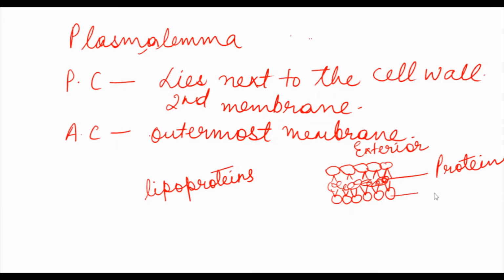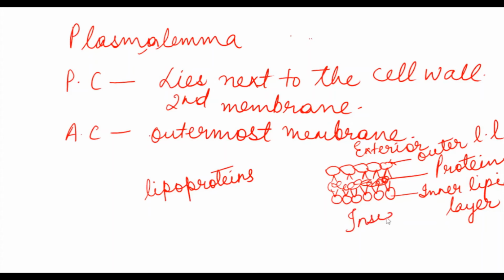And this is again the inner lipid layer. This is the outer lipid layer, writing in short, the lipid layer which faces the surrounding, and this is the inner lipid layer which faces the inside of the cell.